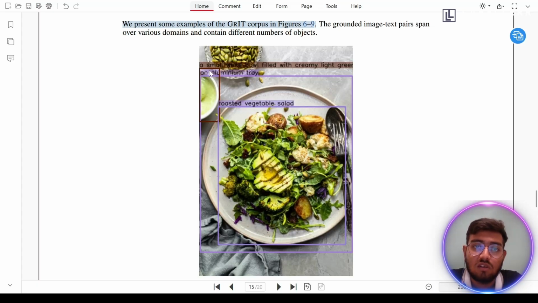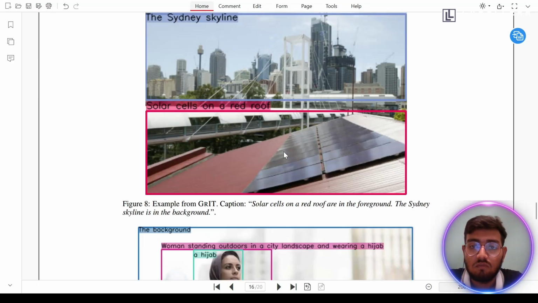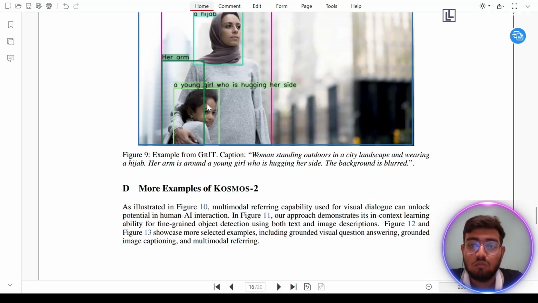Similarly, the aluminum tray, a small bowl filled with creamy light green. These are the images from the GRIT dataset on which Kosmos-2 is trained, so it must be good at understanding grounding, meaning where the objects are in the image. So let's move to its implementation and see whether the authors' claims are true or not.